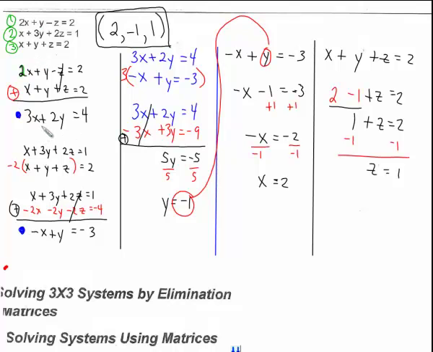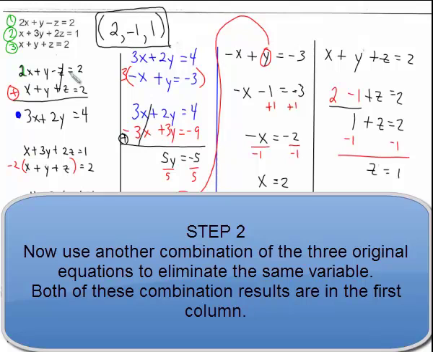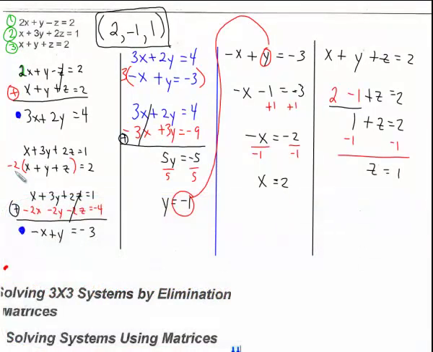But that leaves me with 3x plus 2y equals 4. So I take the combination of the middle equation this time with the last equation, and if I multiply the last equation by negative 2, the z's go away again. And that leaves negative x plus y equals negative 3. And that's good. That's what I want.